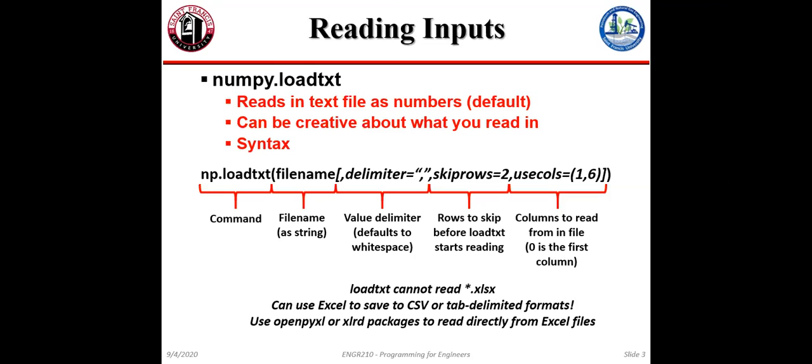But depending on what my file is, I might need to use some additional options in order to get exactly what I want. And that's what these optional arguments, the ones in square brackets, are there for. Again, you never have to write the square bracket. It's just there to mark what's optional and what's not, okay?